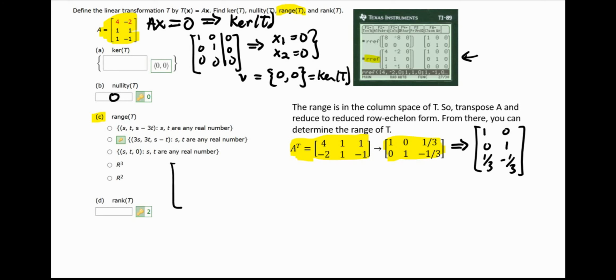The domain is the preimage, and the range is in the codomain. So I need to multiply the given matrix A, or its reduction, times a vector from the domain. Now here, since this guy likes to use S and T, I don't. But S and T are from the domain.